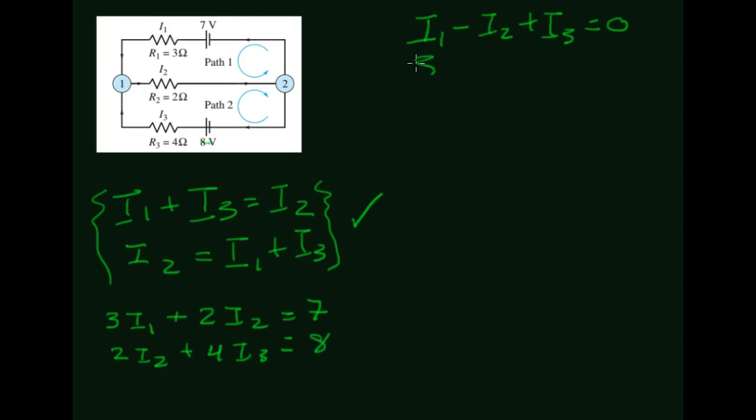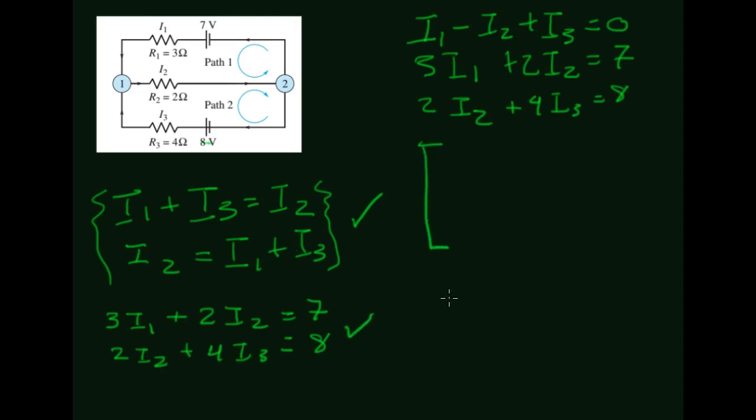All right, so this is the Ohm's law set of restrictions. 3I1 plus 2I2 is 7. And 2I2 plus 4I3 has to equal 8. Okay, so now I've got a nice system of equations here.